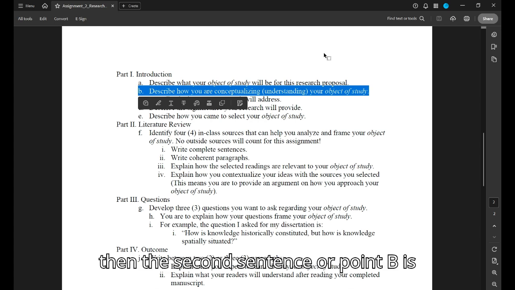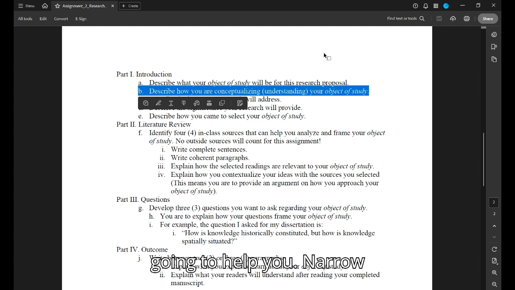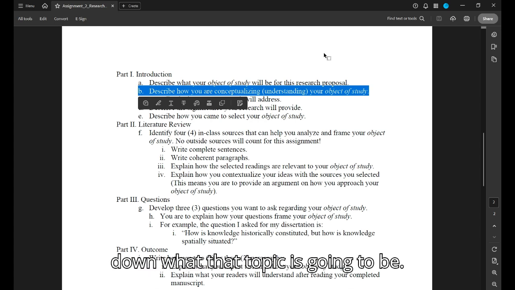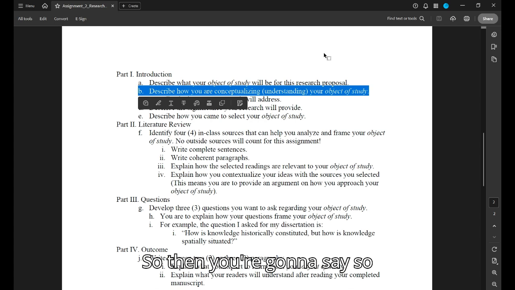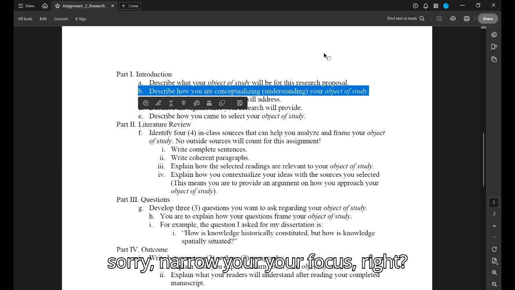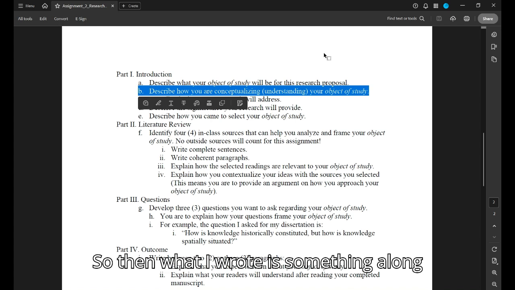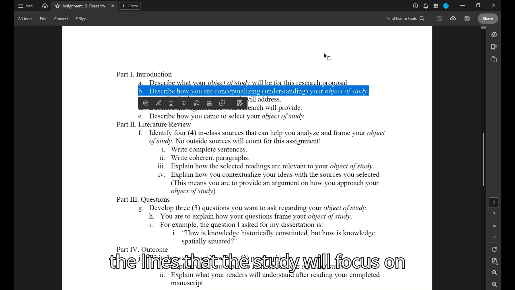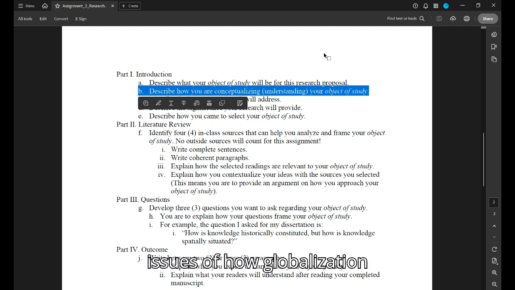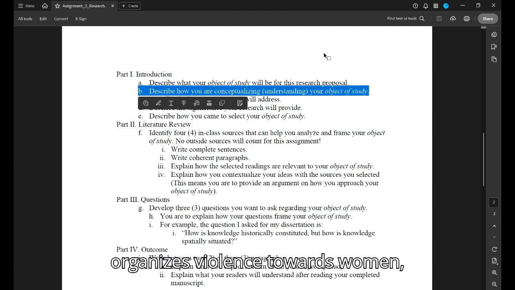And then the second sentence, or point B, is going to help you narrow down what that topic is going to be. So you're going to narrow your focus. What I wrote is something along the lines that the study will focus on issues of how globalization organizes violence towards women, or something to that effect.